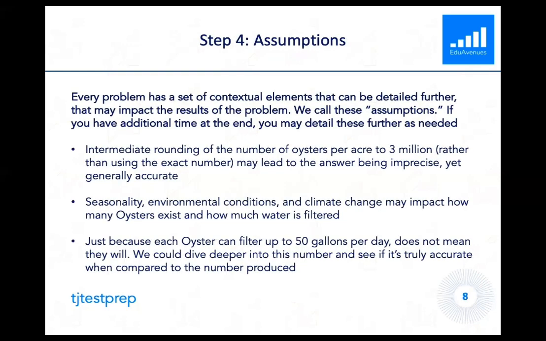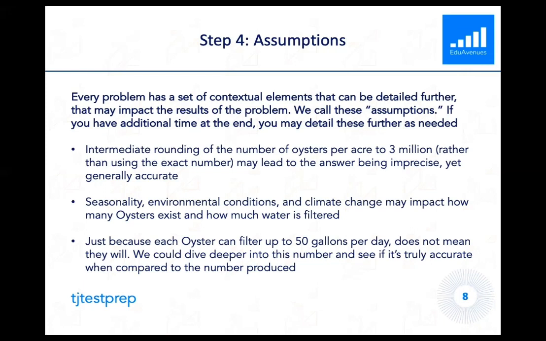Every problem has a set of contextual elements that can be detailed further, and this may impact the results of the problem. We call these assumptions. If you have any additional time in the end, you may detail these further as needed. So here are some examples of assumptions for this prompt. So the first assumption would be immediate rounding of the number of acres to 3 million, rather than using the exact number, and this may lead to an imprecise yet generally accurate answer.